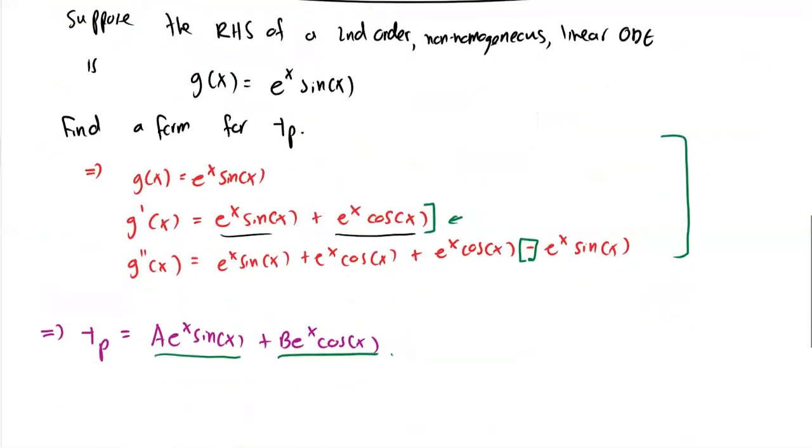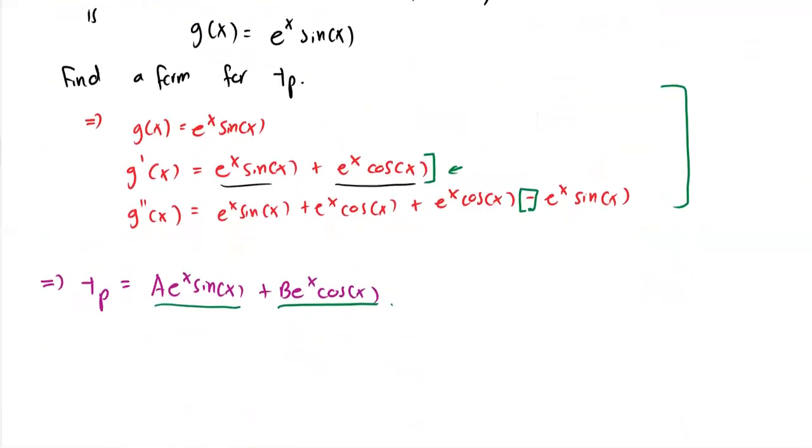And then we did an example where we supposed that the right-hand side is g of x equal to e to the x sine x, and we wanted to find a form for y sub p. As we saw in the general process, y sub p has to include all possible terms that come from derivatives of g of x. You don't want to take infinitely many derivatives of g of x.